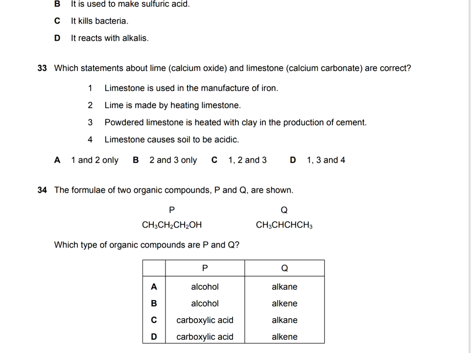Limestone is used in the manufacture of iron, so that is yes. Lime is made by heating limestone, yes. Powdered limestone is heated with clay in the production of cement, which is also right. And limestone causes soil to be acidic, which is not correct. So the correct answer for this is letter C.